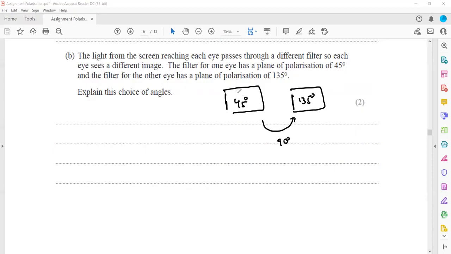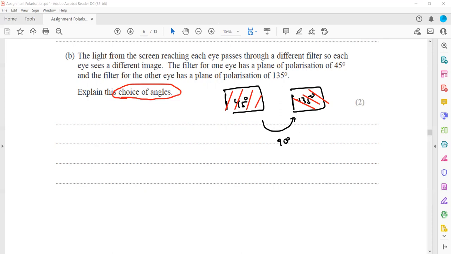It means, for example, if this is 45, so this is a 45-degree polarizer, then the 135-degree polarizer will be like this. So what is the reason why we choose these angles? Why not any other angle?